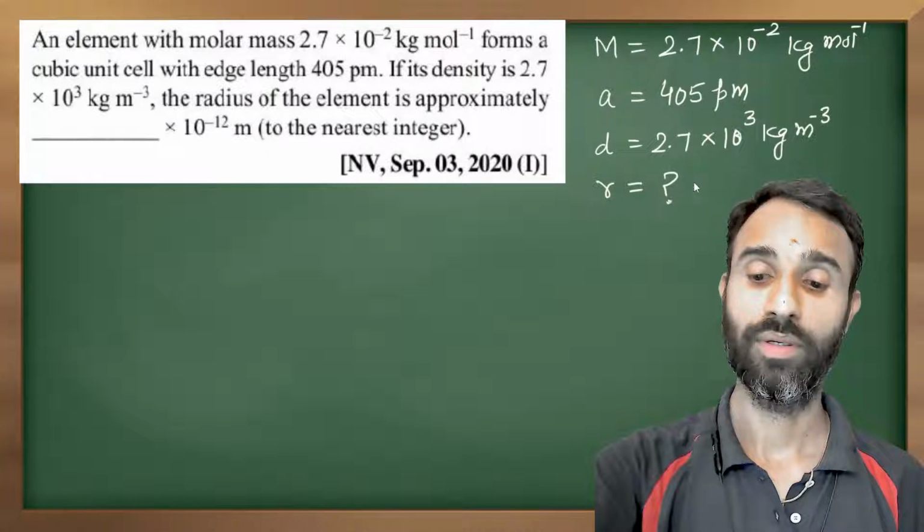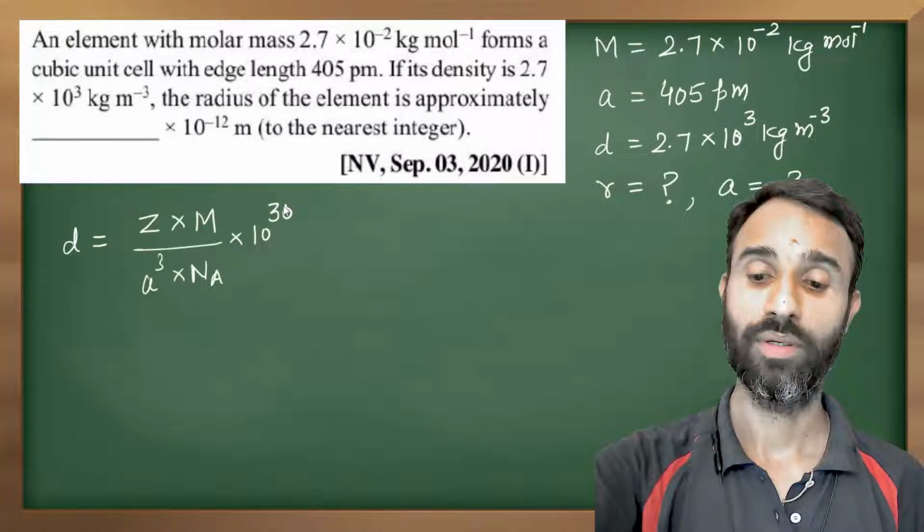Before calculating R we have to calculate Z, because when we write density it is Z into M upon A cube into Na into 10 raised to power 30, right? A is given to us, edge length is given, but the relation between R and A is only possible if we know the type of the unit cell. Is it simple cubic, body centered cubic, or face centered cubic?